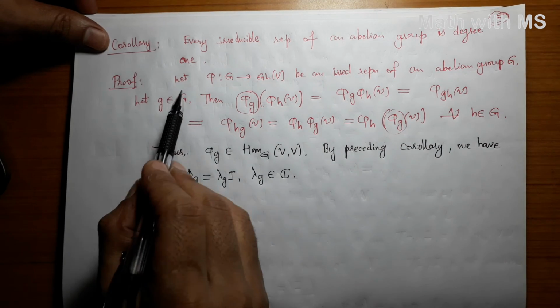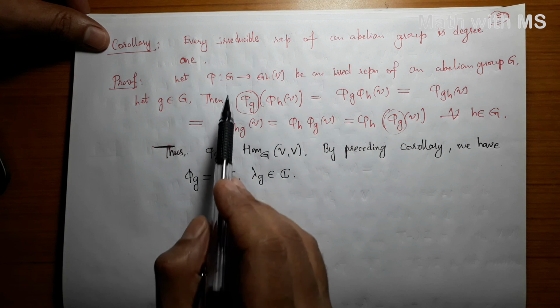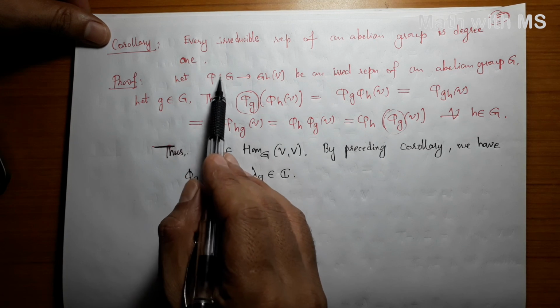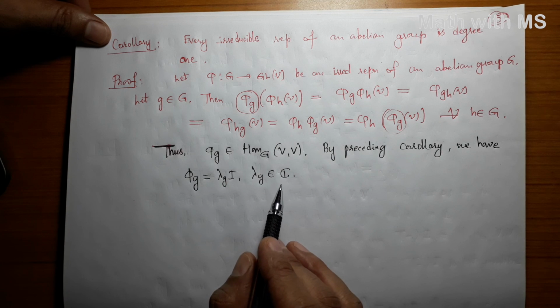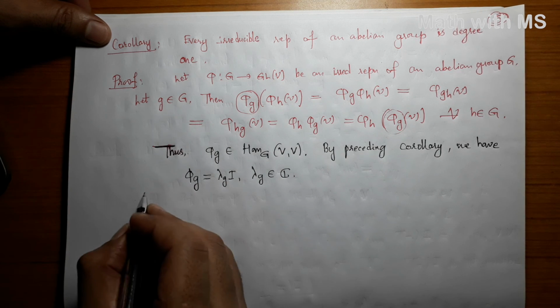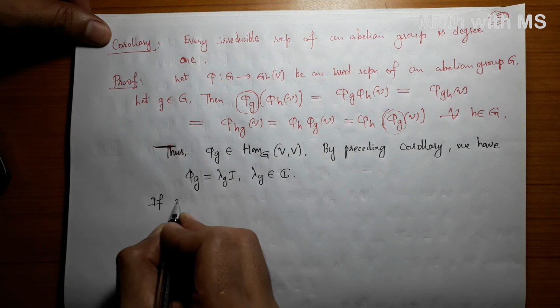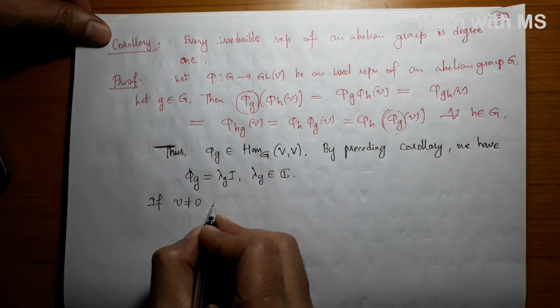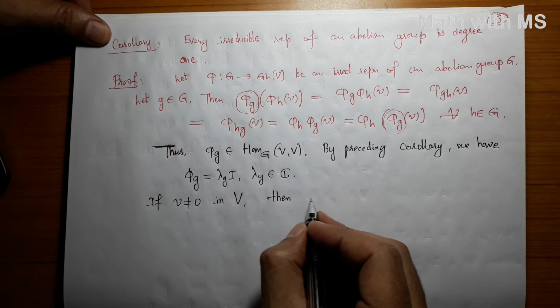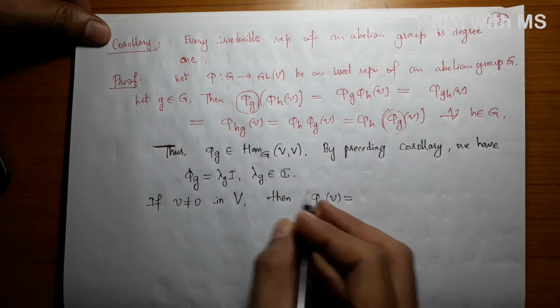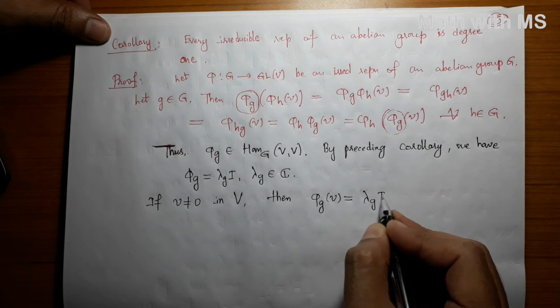Remember that g was an arbitrary element. This tells you that for each element of the group G, the corresponding operator is a scaling of the identity operator. Alright, if v is any non-zero vector in your vector space V, then you know that it is G invariant, because phi g of v is just lambda g times identity acting on v.